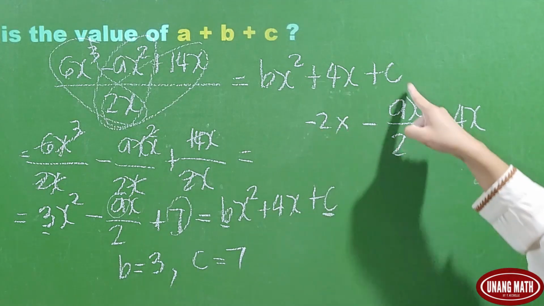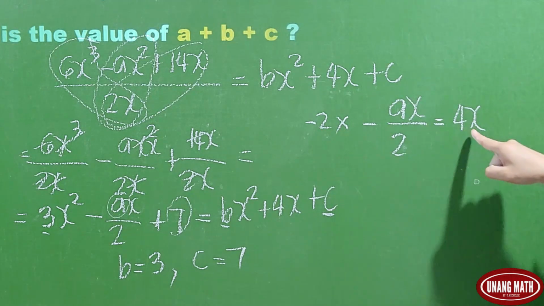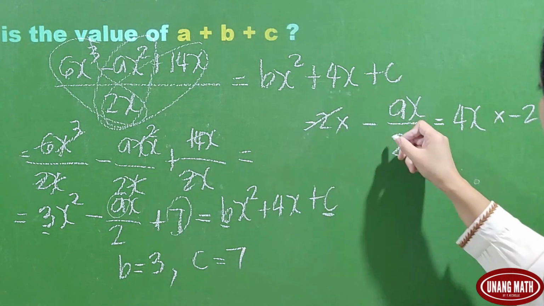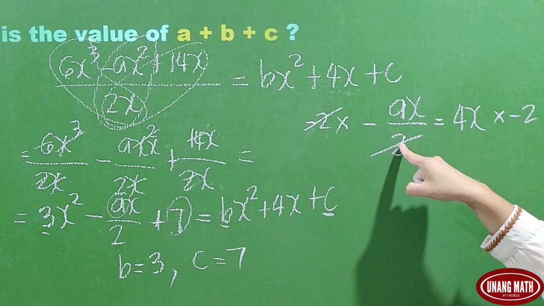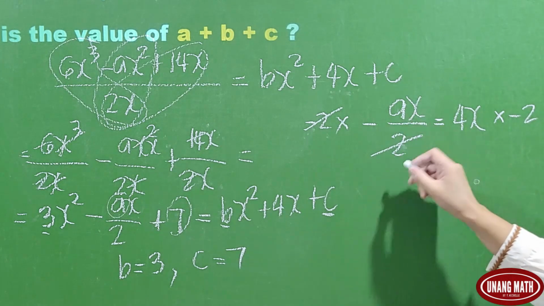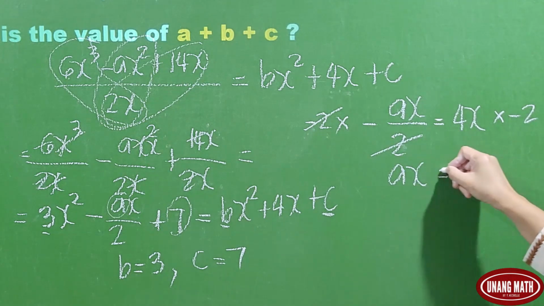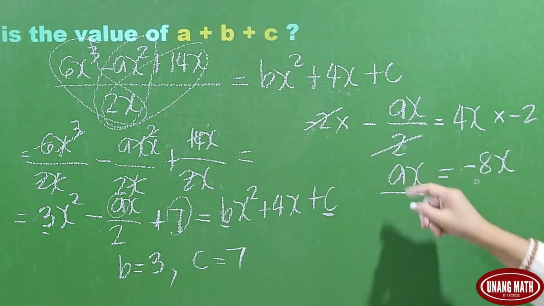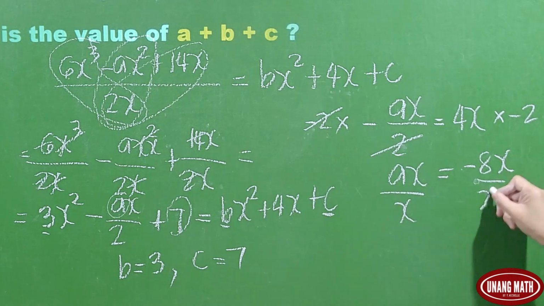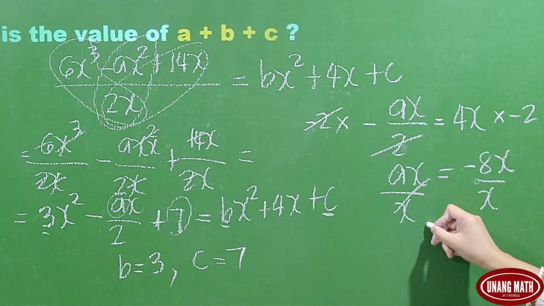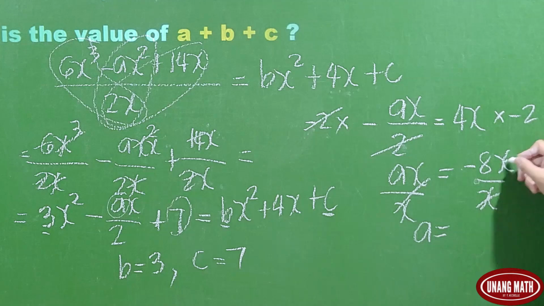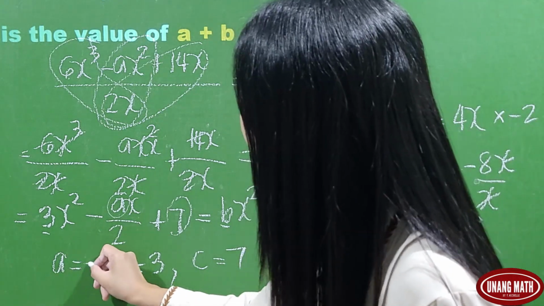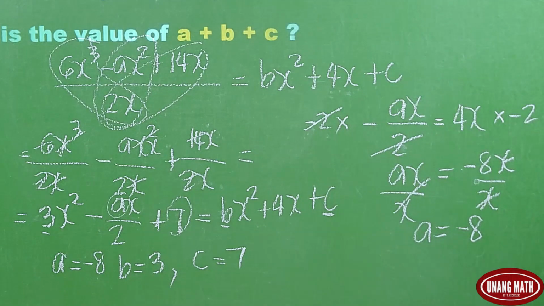So negative 2 times this expression, and 4x times negative 2. Okay, if we will simplify negative, and this is negative, so this now becomes positive. So we have here ax, and 4x times negative 2 is negative 8x. To find a, divide both sides by x. So it means a is now equal to negative 8. So a is negative 8.